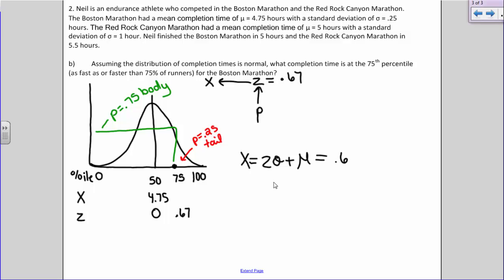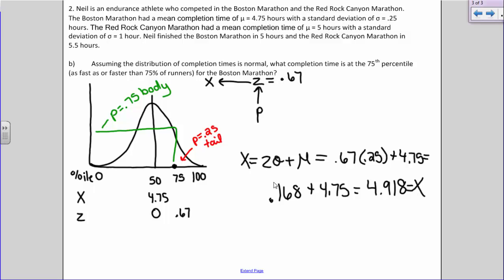So z, 0.67, times the standard deviation for the Boston Marathon, which was 0.25, plus the mean for the Boston Marathon, 4.75. So 0.67 times 0.25 is 0.168. 0.168 plus the mean of 4.75, and you end up with 4.918.